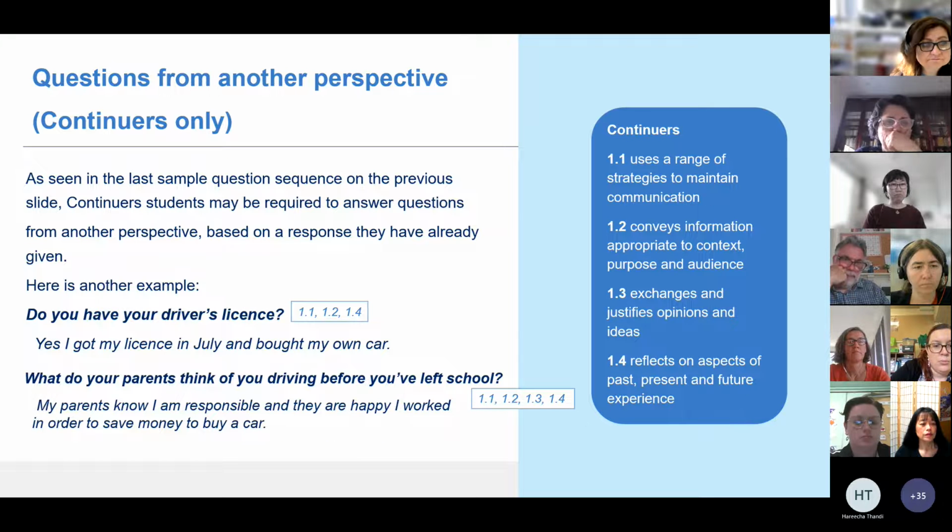As seen in the last question sequence on the previous slide, continuers students may be required to answer questions from another perspective based on a response they've already given.